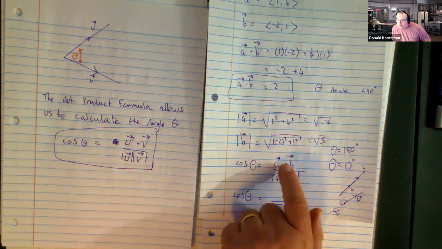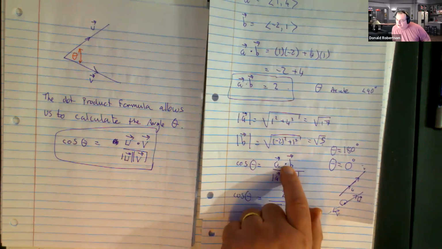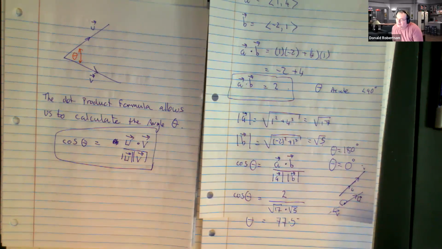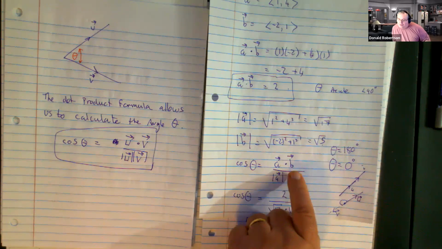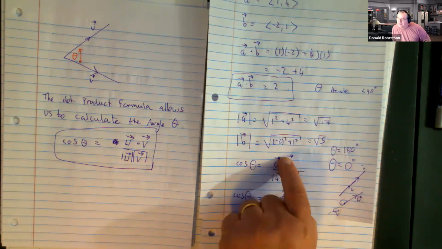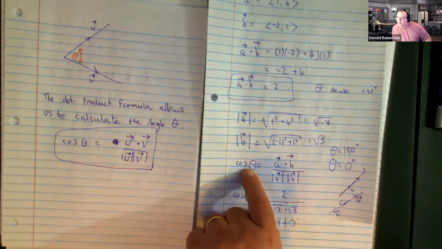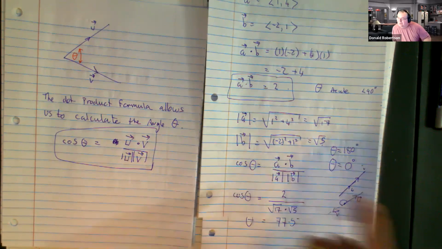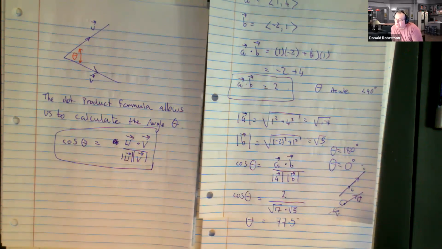And cosine is positive in the first quadrant, acute. A cosine is negative in the second quadrant, obtuse. So when the dot product is negative, this will be negative. And if this is negative, theta will be in the second quadrant. So that's kind of the reasoning. Okay.